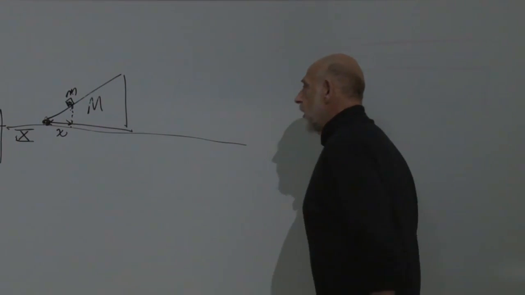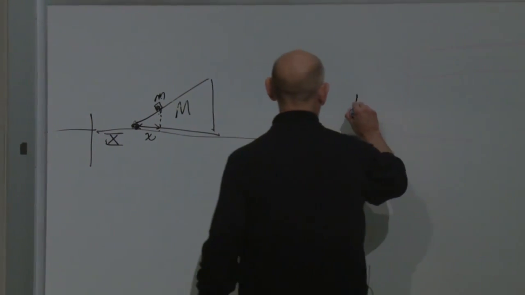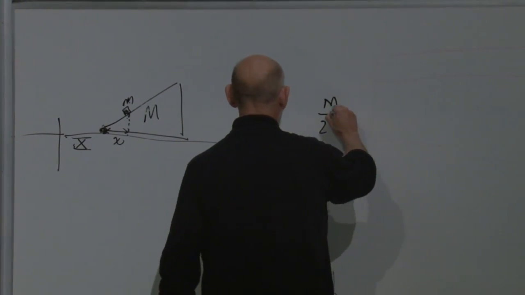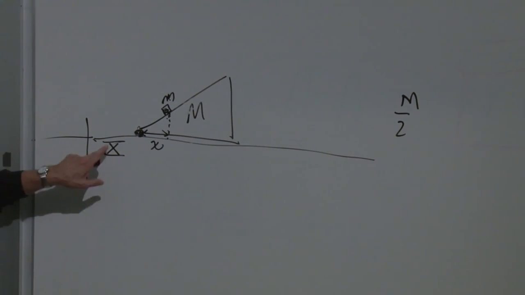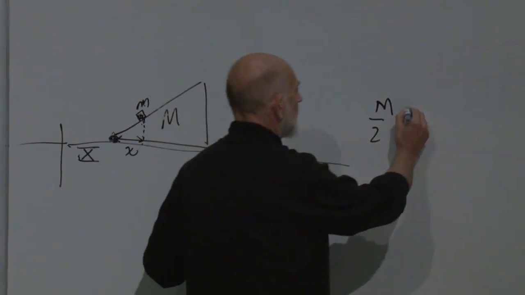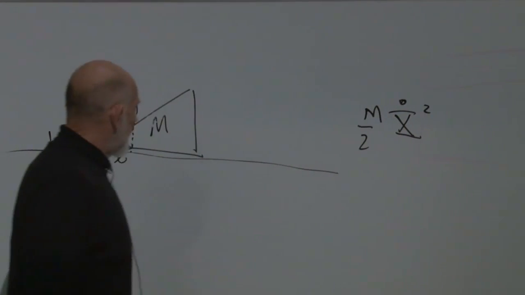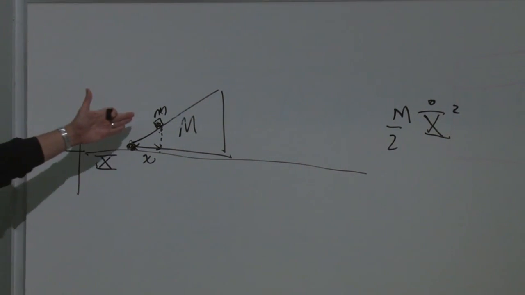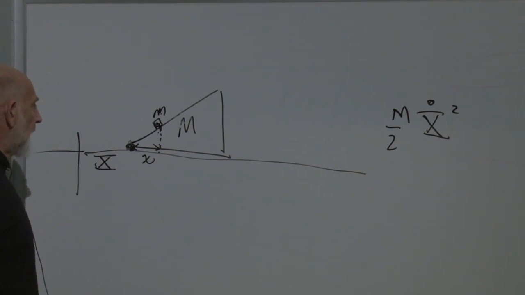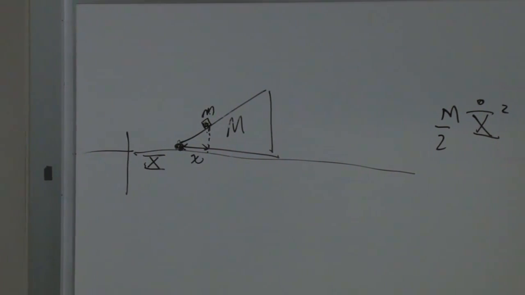The kinetic energy of the wedge, what is that? That's just 1/2 its mass times its horizontal velocity squared, and its horizontal velocity is going to be capital X dot squared. That's the kinetic energy of the block. Next, we want to compute the kinetic energy of the small mass here, and here's where we have to be careful.